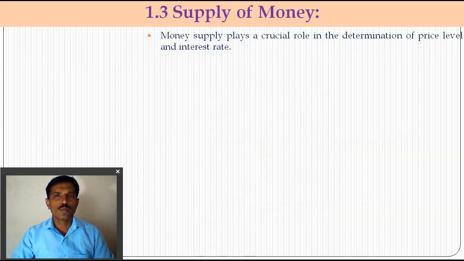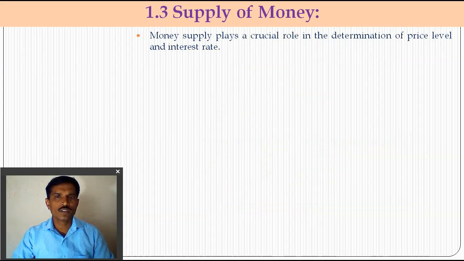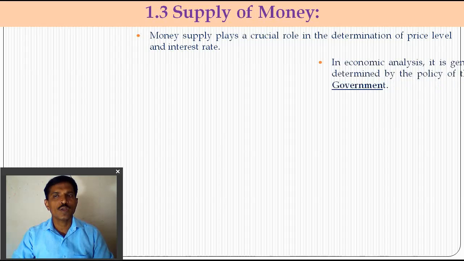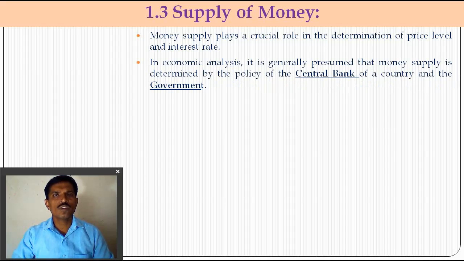So 1.3 is the supply of money. The supply of money means the total money in circulation in the economy. Money supply plays a crucial role in determination of the price level and the rate of interest in the economy. So who decides the total money supply in the economy?